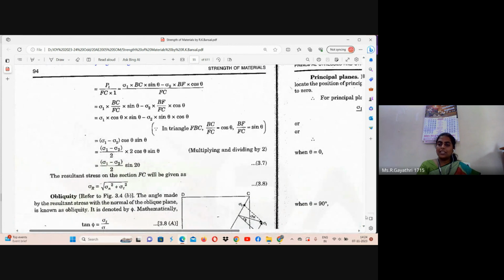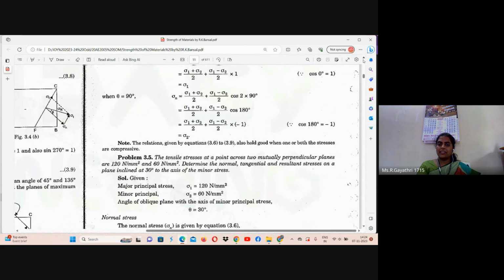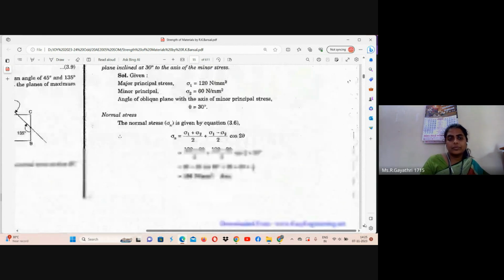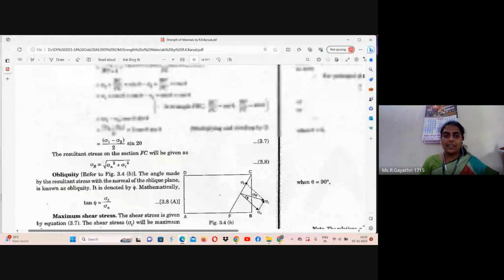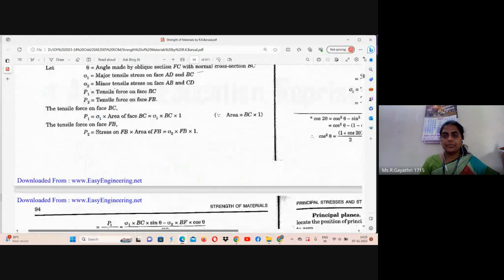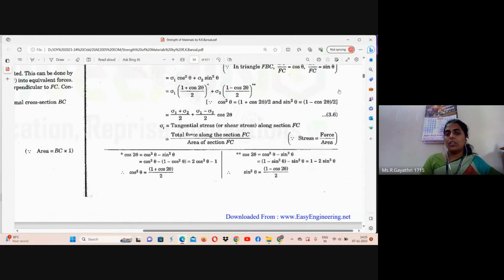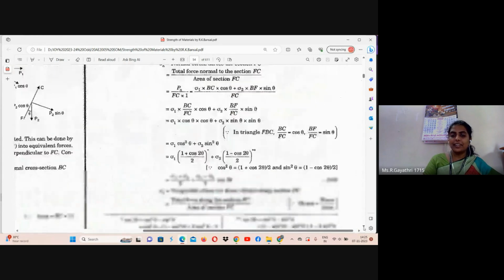For getting principal plane, we can say shear stress is 0. Shear stress equation is, we know shear stress equation. Total force along the section FC by area of section FC. We know normal stress equation. Total force normal to the section FC by area of section FC.